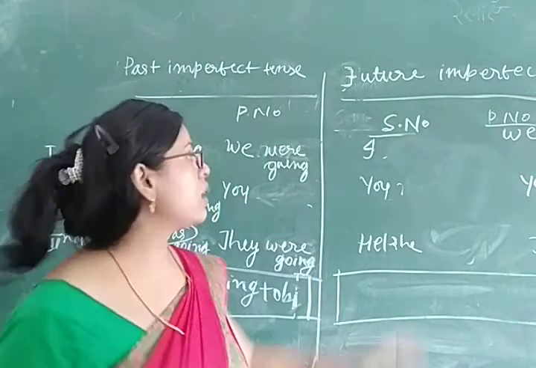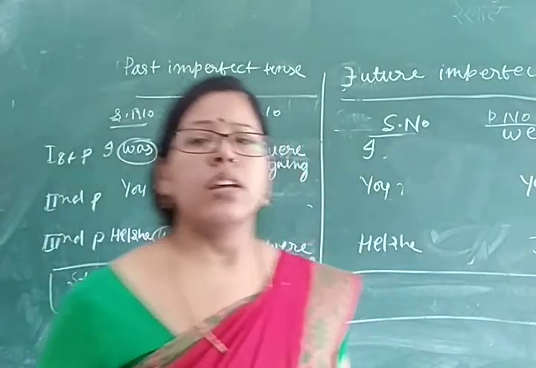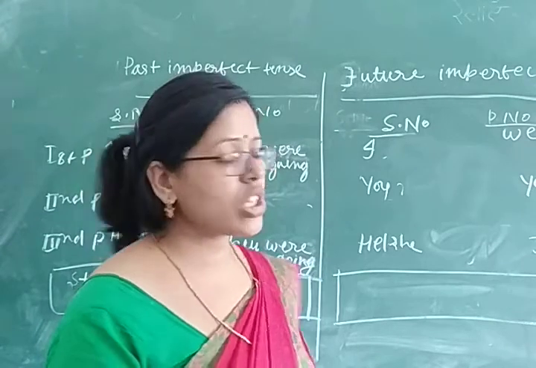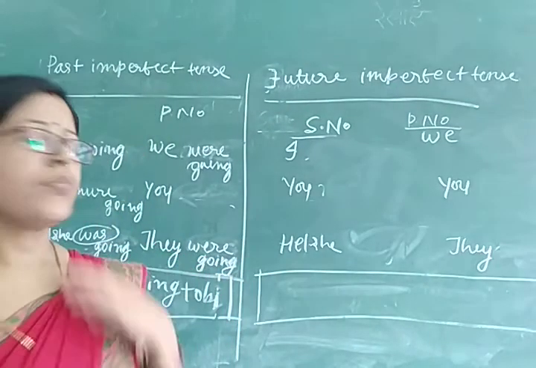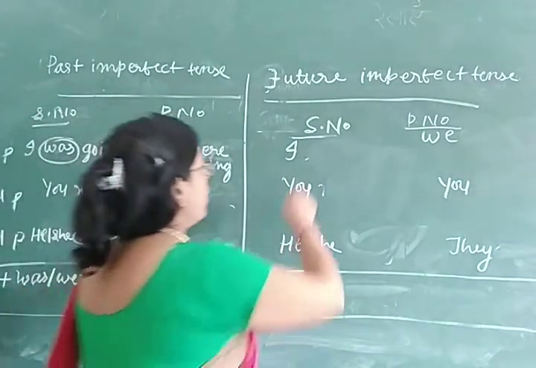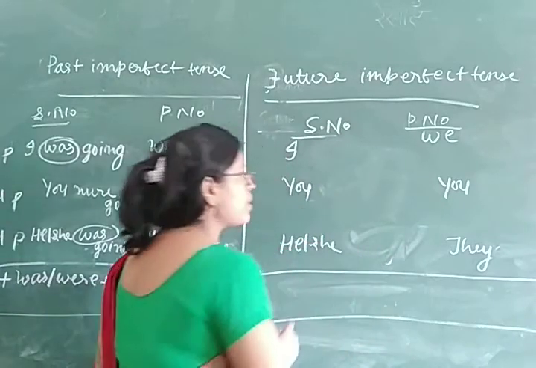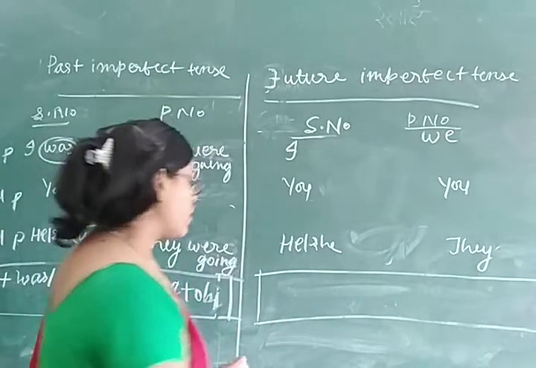Now come to another tense, which is the future imperfect tense. It is also very easy, we only need to learn the structure of this tense. Let me move the mobile a little bit. You can see here, I have already made the format, and we need to understand the future imperfect structure.